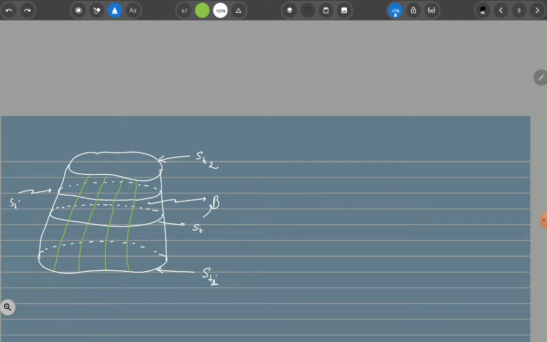These will be the congruences of curves that will actually transform the same spatial points on the hypersurface.